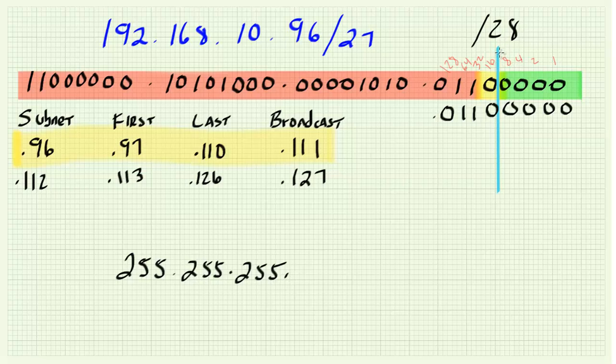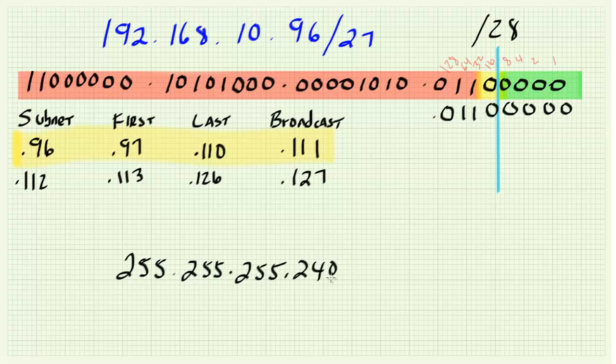And then this is a /28, so the dividing line falls right in the middle of that 4th octet. We've got 4 bits to the left and 4 bits to the right. So to get the decimal value of the last octet of the mask, we simply add up these values. 128 plus 64, that's 192, plus 32 is 224, plus 16 is 240.